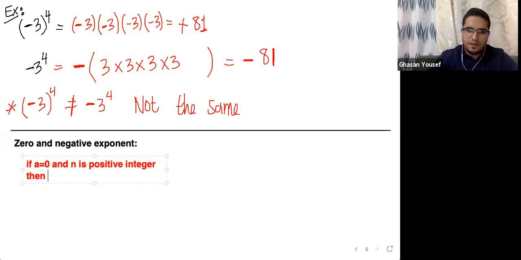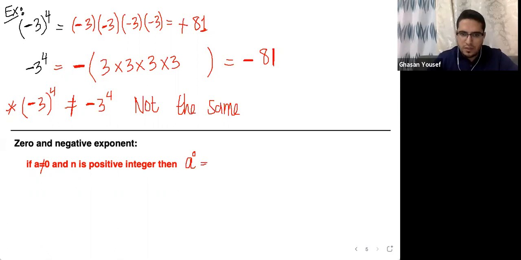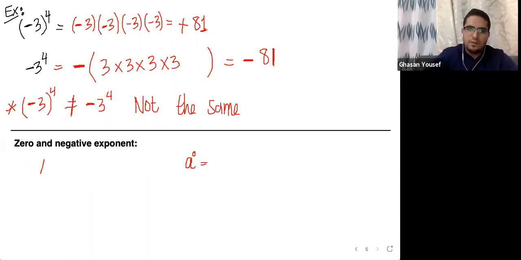So I'm going to define. Again, a is not equal to 0, and n is a positive integer. Then I can define a to the power 0 is equal to 1. Any real number to the power 0 gives me 1.